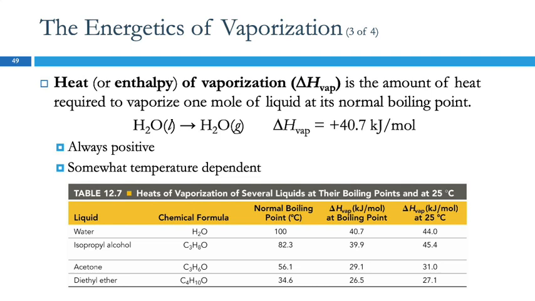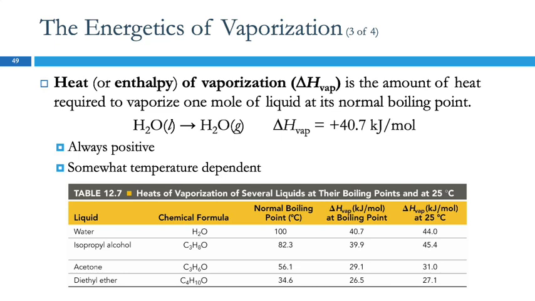So there's energy involved in vaporization. We can call that the heat of vaporization, or technically the enthalpy of vaporization. So that's delta H, delta H vap. That's the amount of heat needed to vaporize 1 mole of liquid at its normal boiling point.